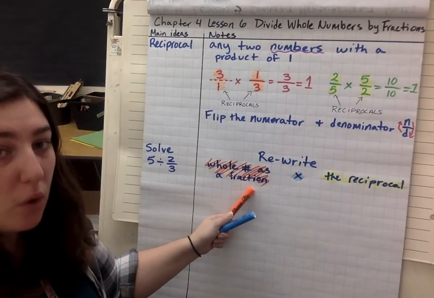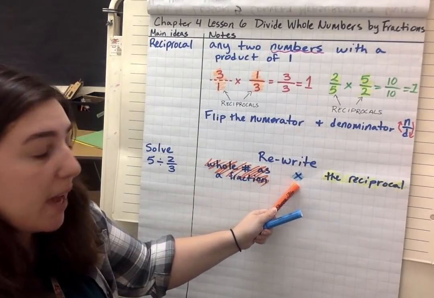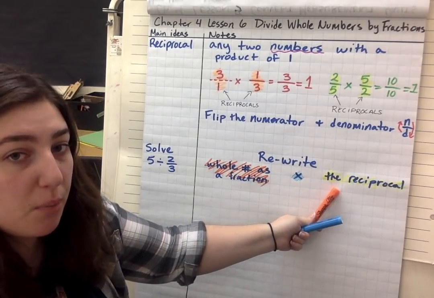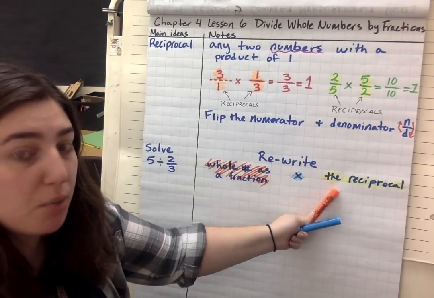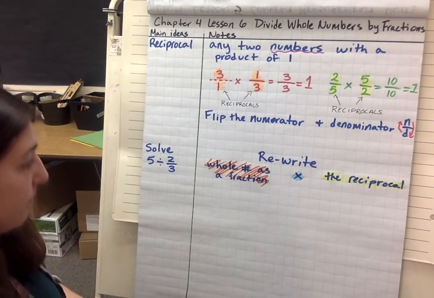So if you have a whole number, remember you can have 1 as its denominator. I'm going to change the divide sign to multiply, and I'm going to use the reciprocal. And because I'm using the reciprocal, that's why I can change the divide sign to a multiply sign.